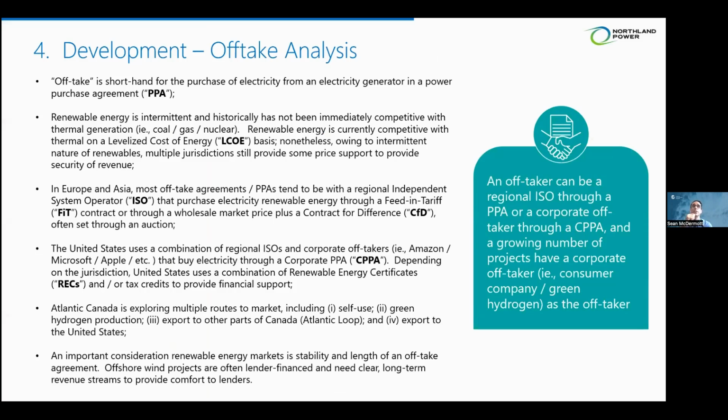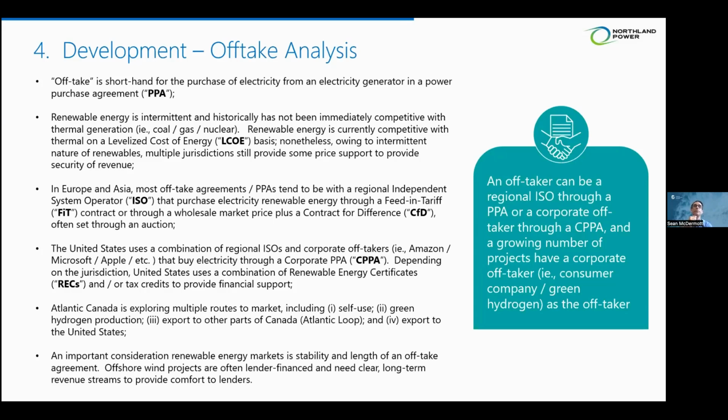Electricity tends to be purchased in what we call PPAs, power purchase agreements, which are the agreement from the off-taker to buy the electricity from the generator. In Nova Scotia, this often also gets described as route to market. That's another way of saying who's the off-taker for these projects, which is another way of saying who will buy the PPA for these projects.